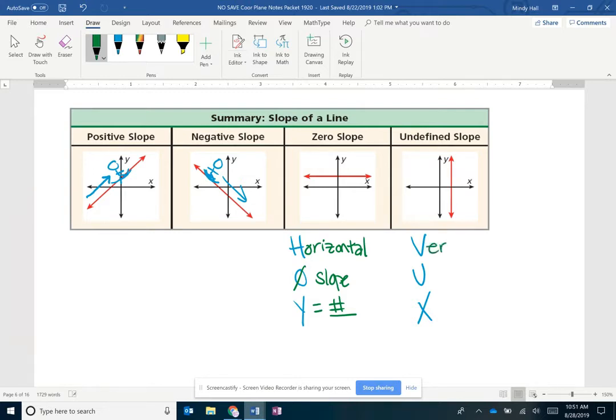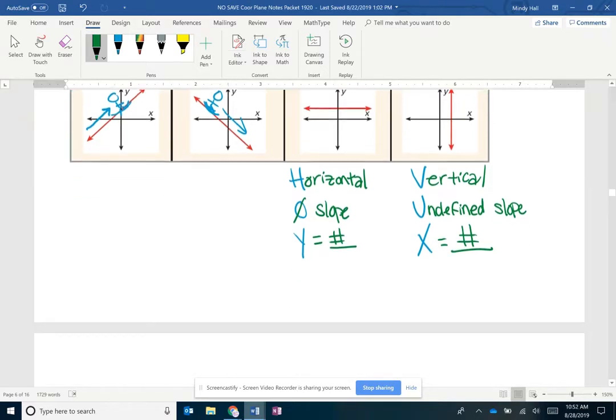The V is for vertical. With vertical lines, you always have undefined slope, and the line is always represented by an equation x equals some number. So if you remember HOY-VUX, it can help you remember all of your rules for horizontal and vertical lines.